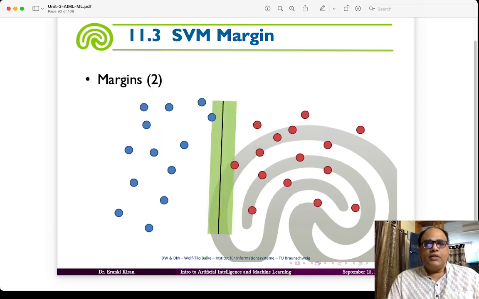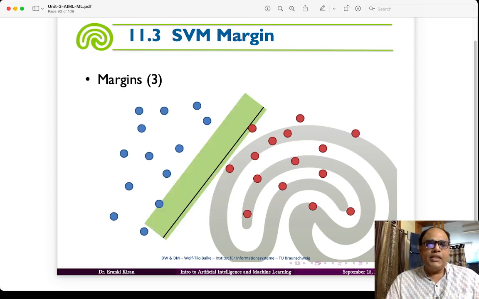So the wider the margin, the better. The smaller the margin, the greater the possibility that your classification can be erroneous. The support vector margin is decided based on the data points, how many data points are close to or exactly on the boundary of your margin. If for a particular margin size the data points already exist on the boundary, then that should be your ideal margin width.